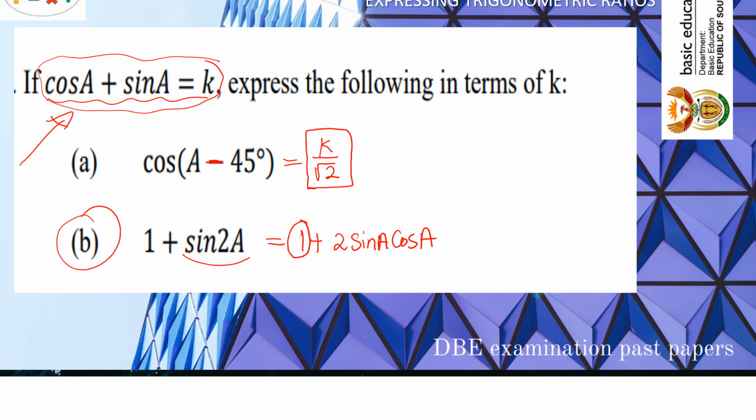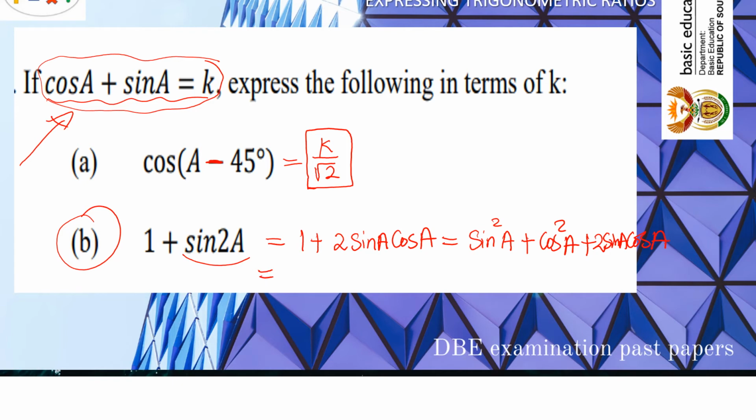We can change 1, right? 1 can be changed into, there's a rule that says sine squared A plus cos squared A. Sine squared A plus cos squared A will give us 1. Then plus we have 2 sine A cos A, right?